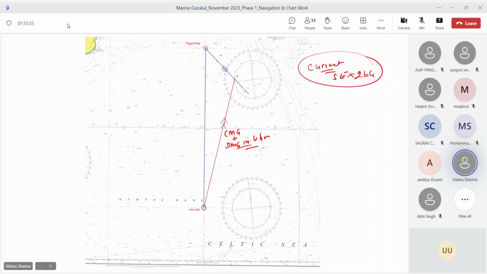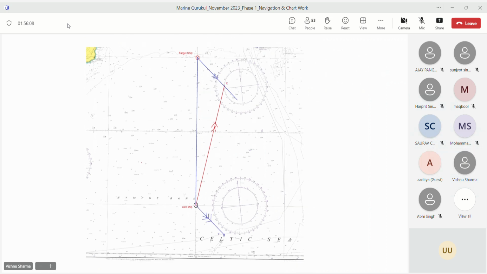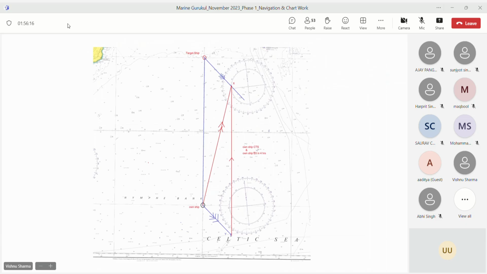Where do I counteract the current, at A or at X? At A. So at A, I can draw the current for 4 hours. I get point Y, and I'm sure you'll agree Y to X will be the CTS, and this is the engine distance in 4 hours.